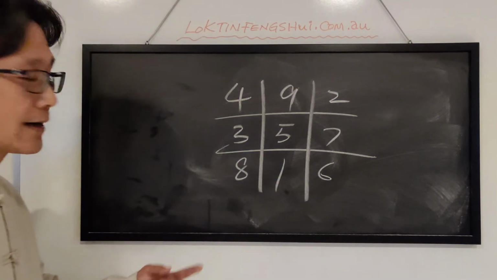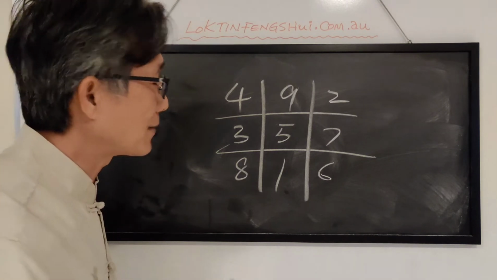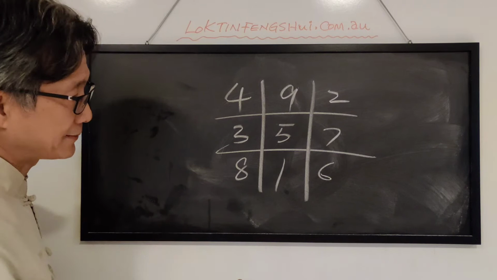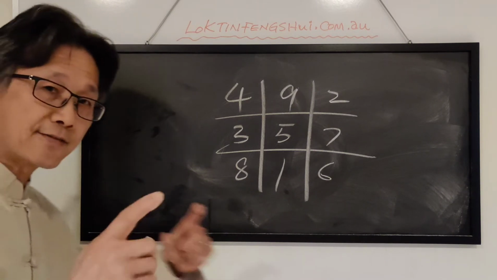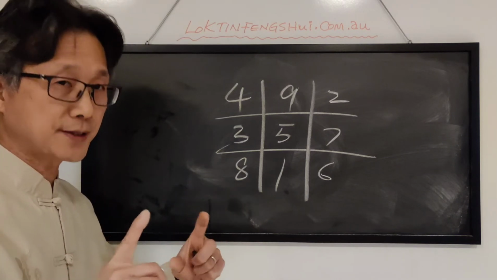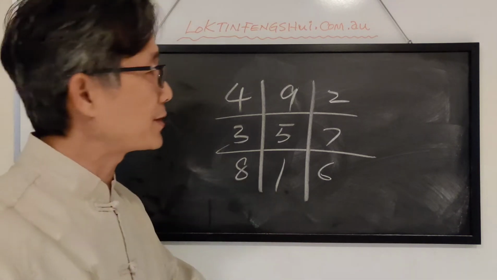In Feng Shui, some people call it period 1 to period 9, so they have a year time assigned to it. We are now in period 8.